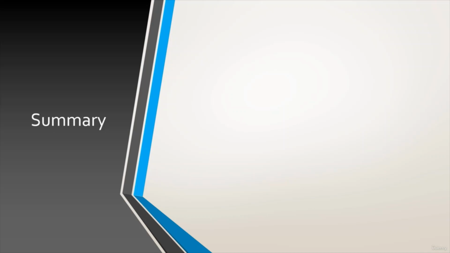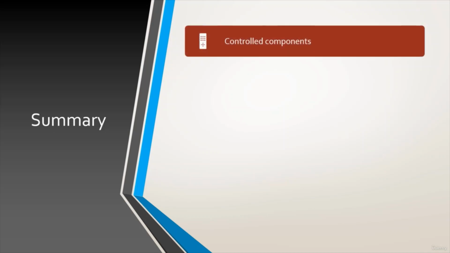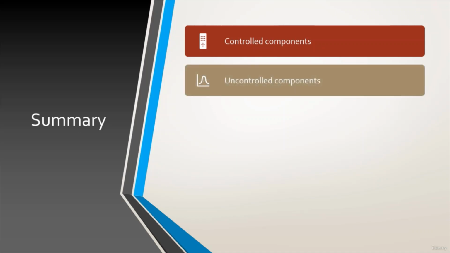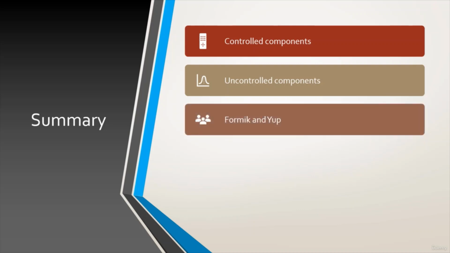The controlled components technique is the one that uses state to handle the data in the fields of a form, and the uncontrolled components technique is when we use direct reference to the form controls to handle your data. We use the Formik and Yup libraries to handle forms and their validations respectively.